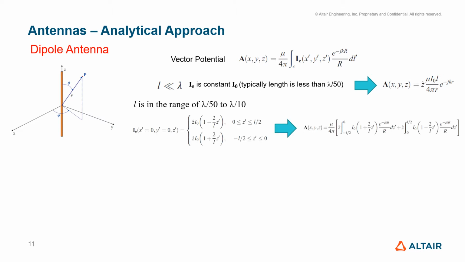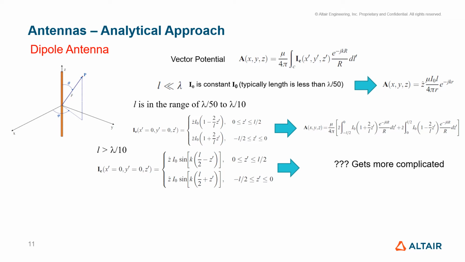But then what happens when the length becomes a little larger, that is lambda by 50 to lambda by 10? There is a linear variation of the current along the dipole length, which means that you will have a little bit more complicated integration to be done over the linear variation of the current to obtain your vector potential. What happens when it becomes even larger than that, that is greater than lambda by 10?